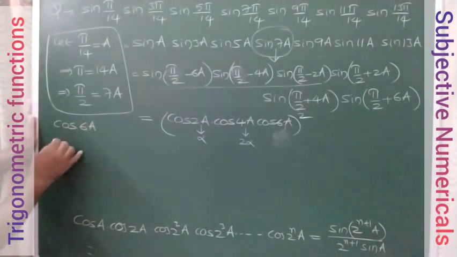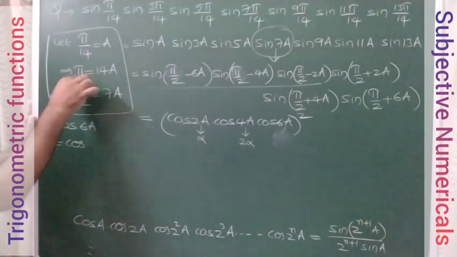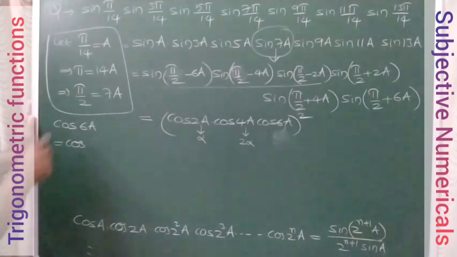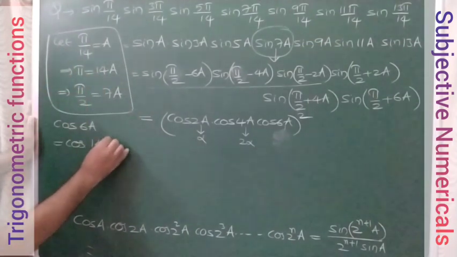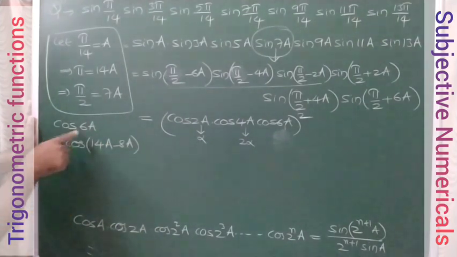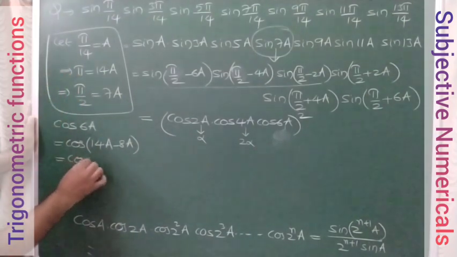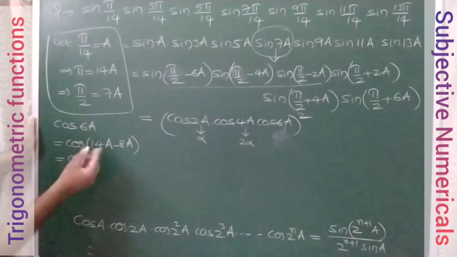Cos 6a. So 6a I will try to express in terms of pi plus or minus something. Pi means what? 14a. So I can write this as 14a minus 8a, because I am trying to express in terms of pi. What is 14a? Pi. 14a minus 8a is 6a only, the value is not changing. Why am I writing it like this? To express in terms of pi.